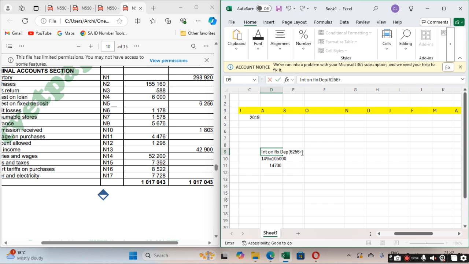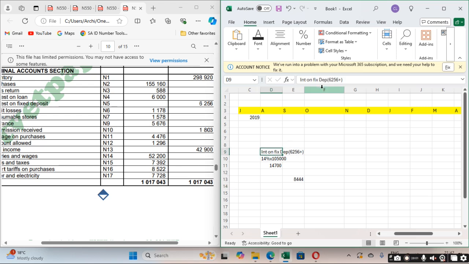So now when you're adjusting here, we're going to say this minus this to get the difference here, and then we close our bracket. So let me just write the difference quickly. So it's equals to this minus 6,256, which is 8,444.